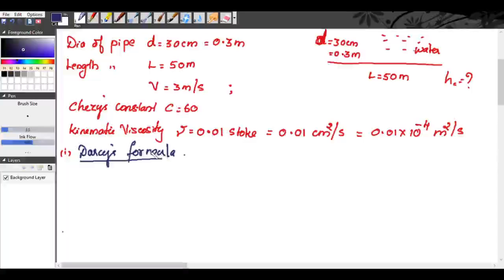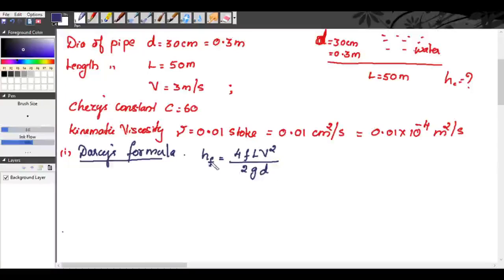So we know Darcy's formula for head loss is given by HF, that is head loss due to friction. H means head loss, F means friction. This is major loss. So for major losses, we have two formulas, Darcy's formula and Chezy's formula. Darcy's formula is HF equal to 4FLV square by 2GD.